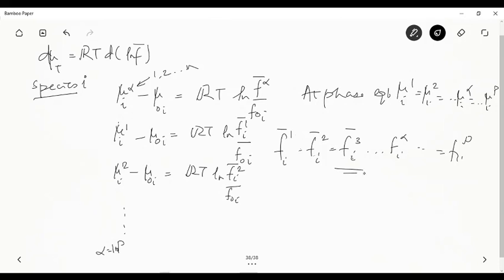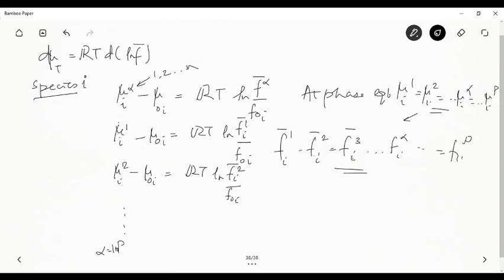This is basically a derived quantity from this. If the chemical potentials of all the phases have to be equal for phase equilibrium, then the corresponding fugacities of the individual species as they exist in the mixture will also have to be equal. So this is the next result that we get.